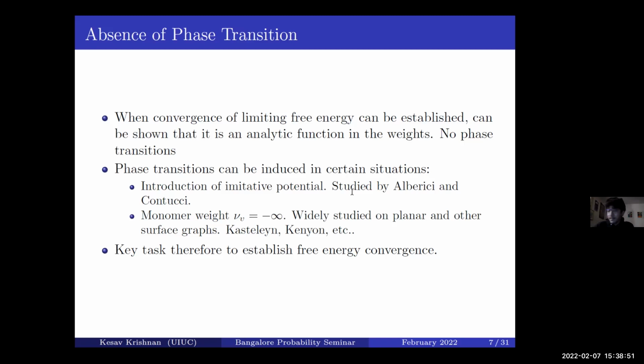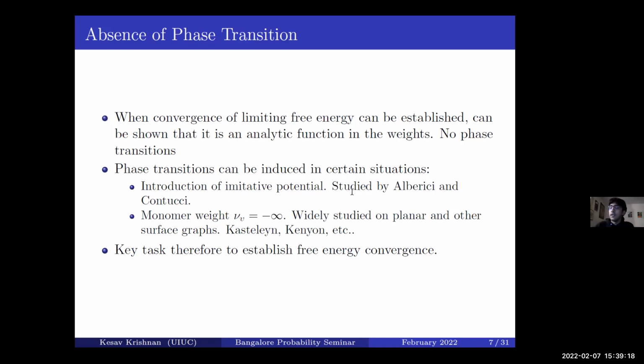This has been studied by Alberici and Contucci in the context of the complete graph, where of course all pairs will be adjacent to each other. What that does is it introduces a monomer phase and a dimer phase, because there'd be a tendency to clump together.